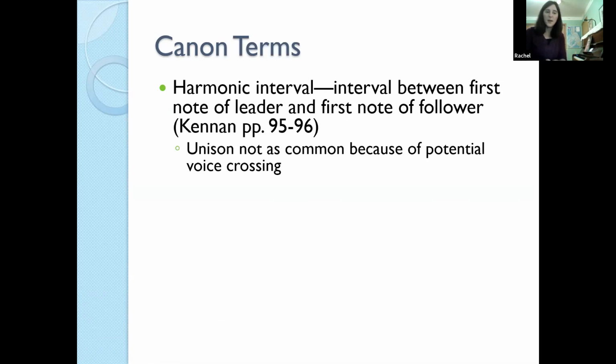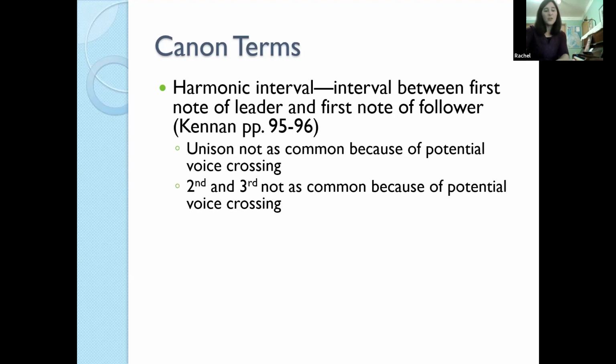If we want to have two lines that are slightly more separated, then you probably don't want to do unison, or we're just going to be intertwining the two voices, maybe quite often, depending on how your leader is going to continue on. If it starts something and then gets really out of the way, and then the follower comes in, maybe you won't have so much voice crossing, but at some point it's going to be hard not to do voice crossing, okay?